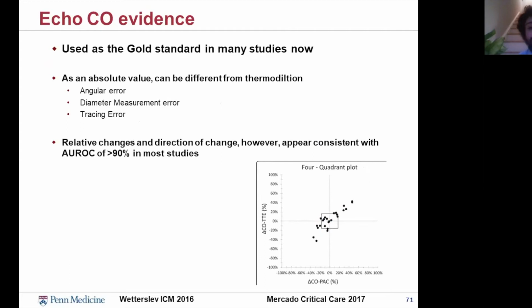So instead of taking just the cardiac output from one measurement, I make sure to compare it after an intervention. And then I feel confident that the direction and magnitude of change as measured by transthoracic echo is going to be the same direction and the same magnitude as that measured by Fick. And that's supported by the study in 2017 with very high test performances.